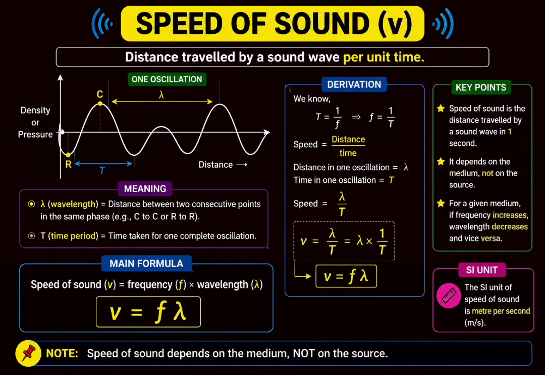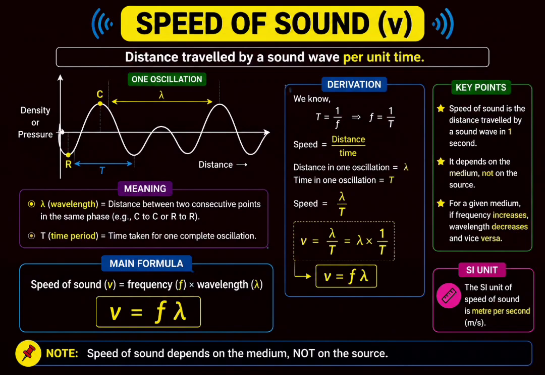And because f is equal to 1 upon T, we get the important formula v equals f multiplied by lambda. This formula connects speed, frequency and wavelength.